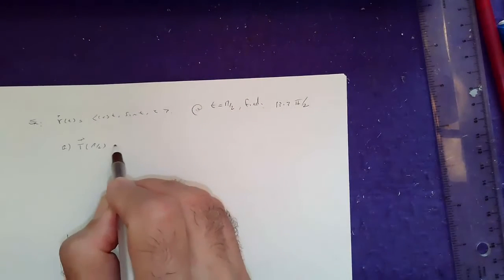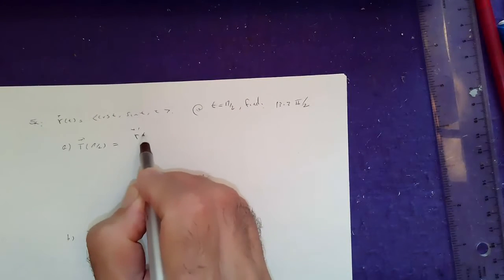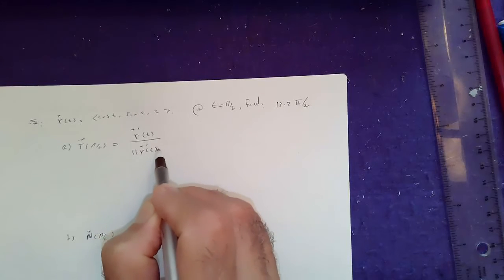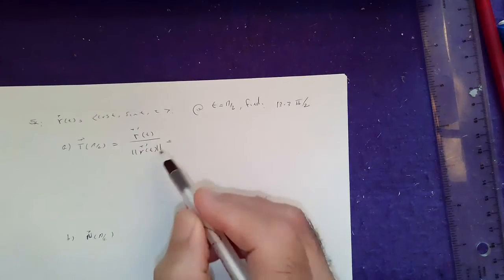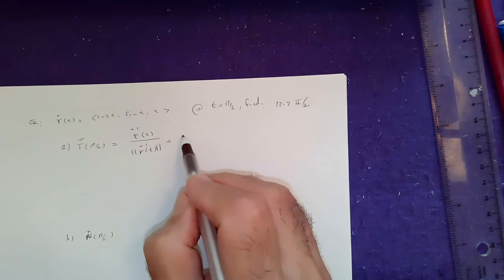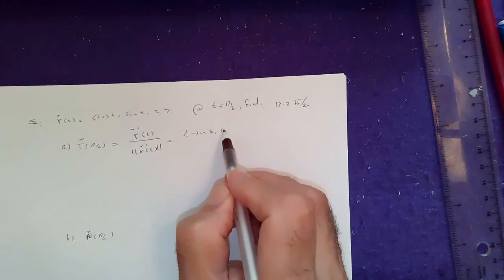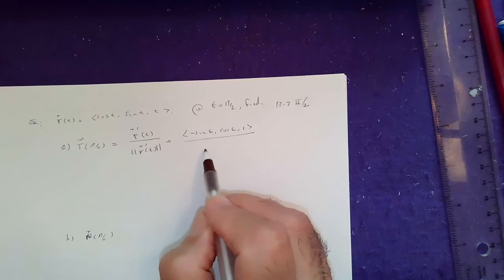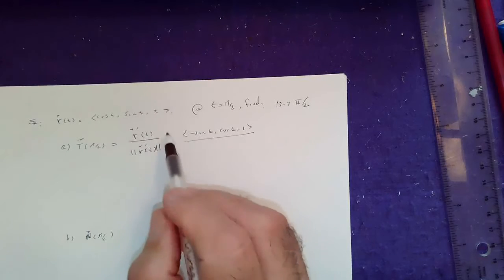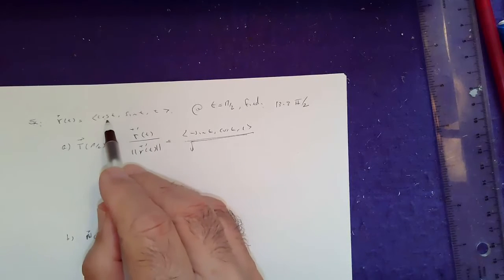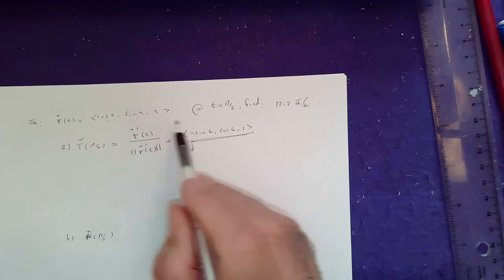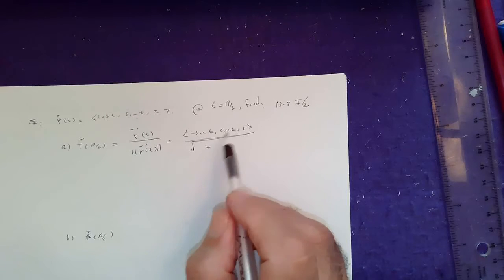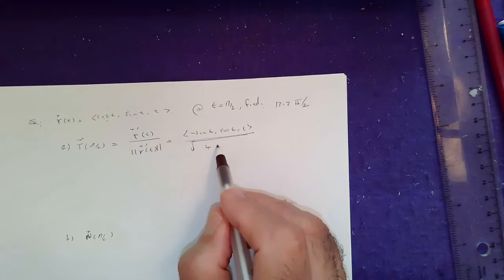Remember the definition is r prime of t divided by its magnitude. All of these are unit vectors. In this case, you get negative sine of t, cosine of t, 1, divided by its magnitude, which is the square root of cosine squared plus sine squared, which is 1, and then 1 squared, which is 1.